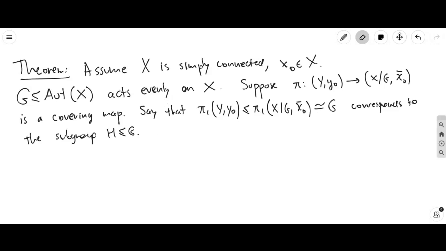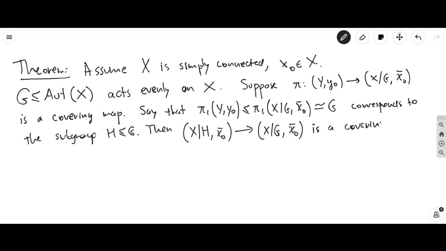So let's say it corresponds to H. Then, if we do X mod H, this mapping is a covering, and there is a homeomorphism between them.